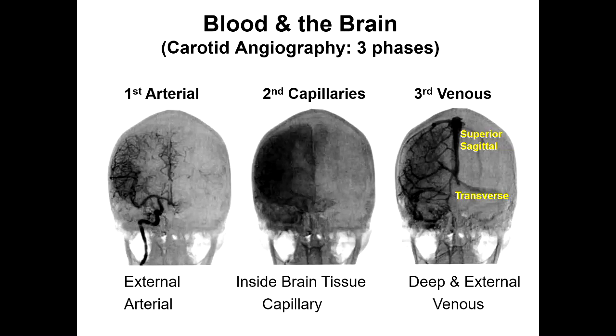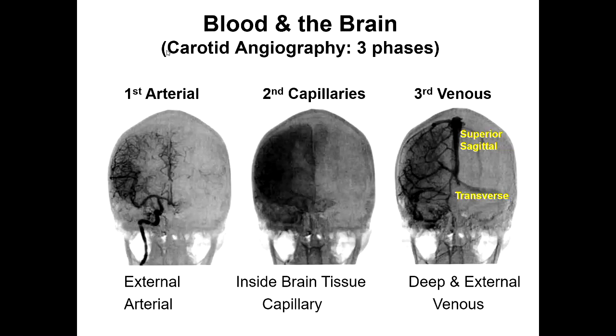In carotid angiography, a needle is inserted into the internal carotid artery, and a contrast dye is injected into that artery, and then a simple X-ray is taken in three sequences to examine first the arterial, second the capillary, and third the venous phases of blood flow through the brain. Angio is blood vessels and graph is looking at. So there are three phases.